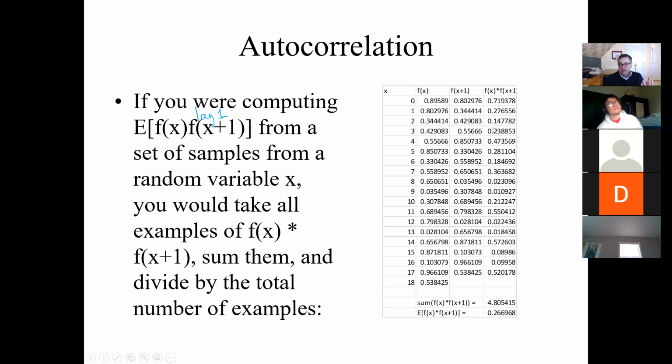Then I take all those products of f of x times f of x plus 1, sum up all the examples that I have, and to get the expected value, I divide by how many examples I had. This is exactly what MATLAB does when it computes these estimates.